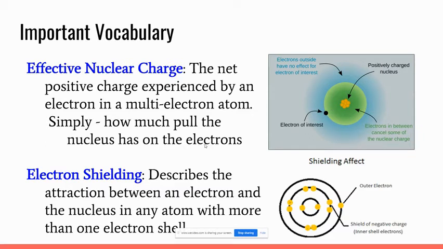Electron shielding is another example of vocabulary that we need to look at. This happens when you end up with atoms where you've got multiple energy levels. The energy levels on the inside will essentially absorb, in a way, the pull of the protons from the nucleus.